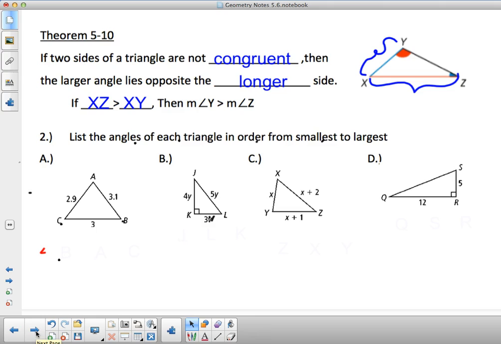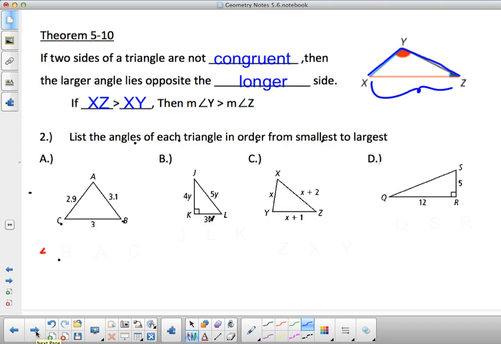But now, one of my concerns is recognizing opposites, okay? The side opposite an angle is the side that does not make the angle in a triangle, okay? And what I mean by that, when I'm looking at this example picture, this theorem picture, is that if I'm talking about angle Y, XZ had no help in making that angle, but is the side opposite that angle, okay?